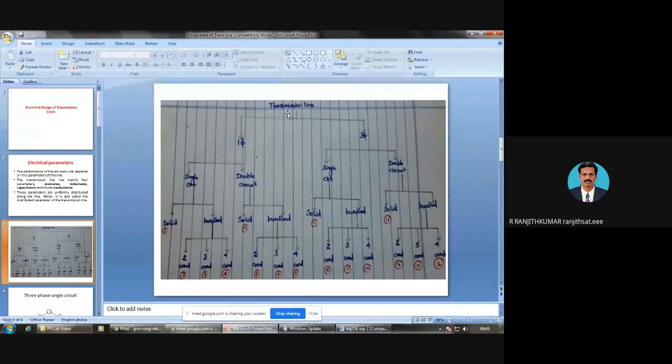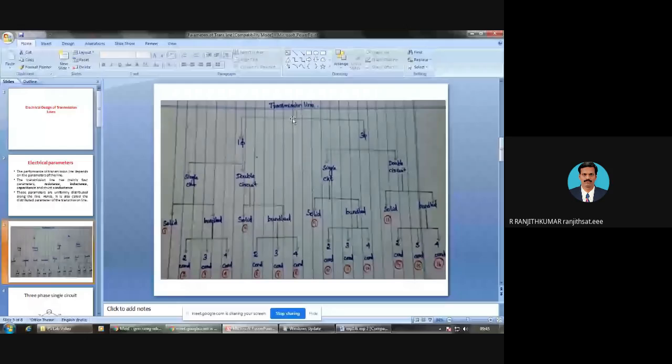Normally this type of line is your overhead line. It is classified into single phase and three phase, and single circuit and double circuit. In single circuit, you will have solid conductor as well as bundled conductor.